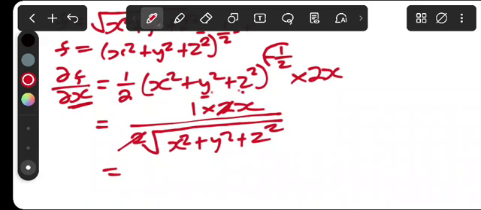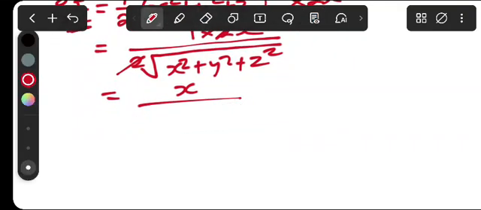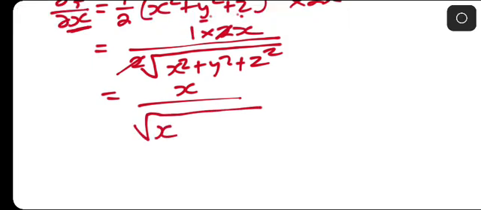So 1 multiplied by x is simply x, all over the square root of x squared plus y squared plus z squared. All right, this is what we have, guys. That was that part.